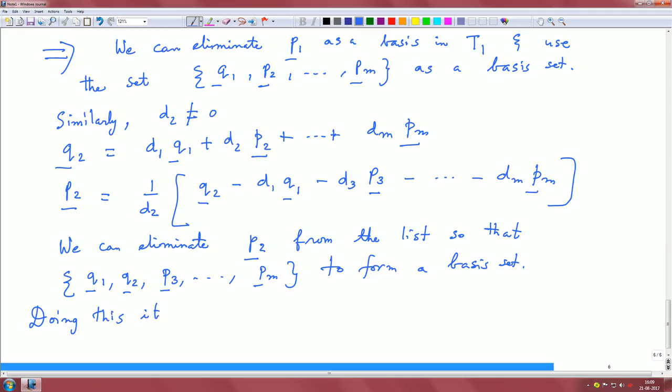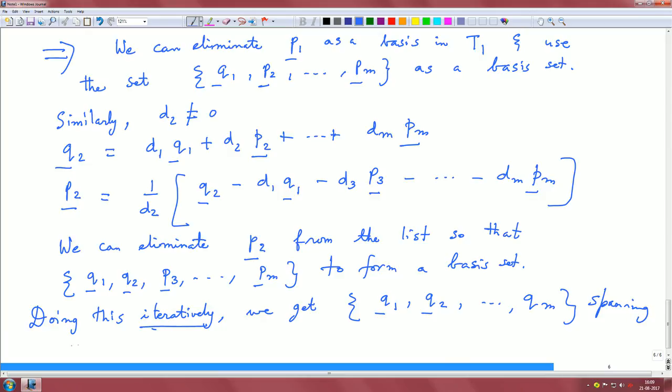So, we do this iteratively and we land up with q1, q2, so on till qm spanning the same space as P1, P2, so on till Pm.